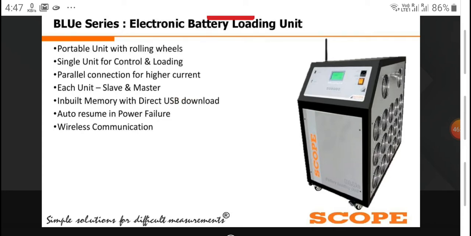The features are like, it is a portable unit. It has wheels, so you can carry this unit wherever you are required. The single unit is the dedicated unit for control and loading purpose.